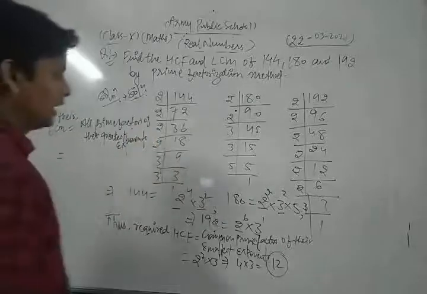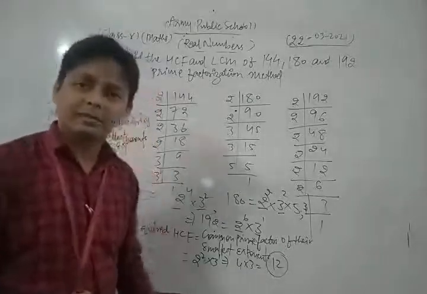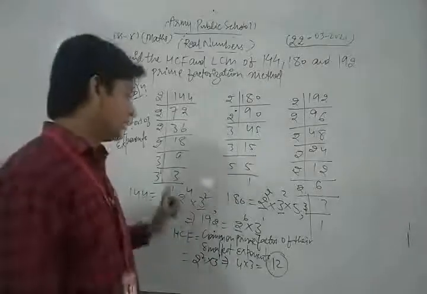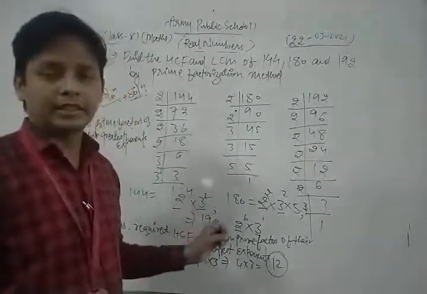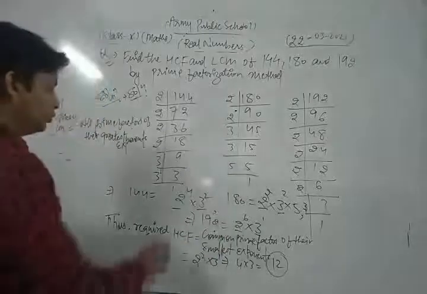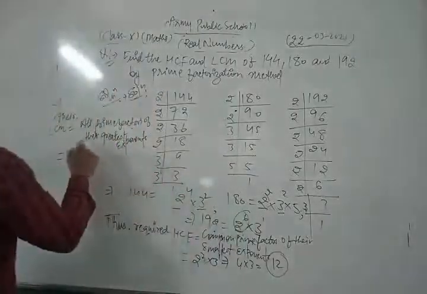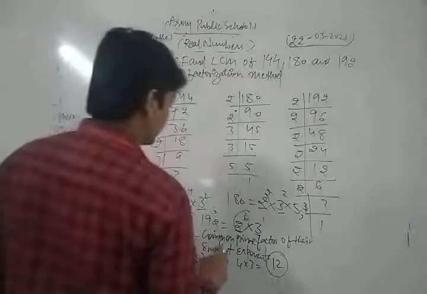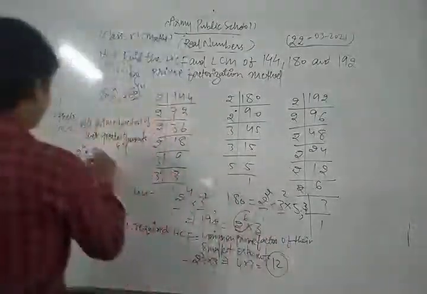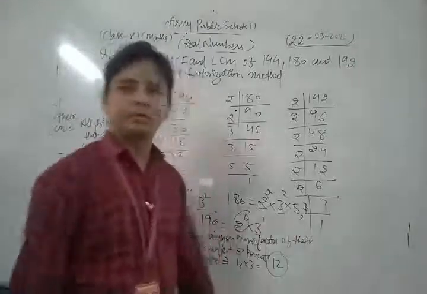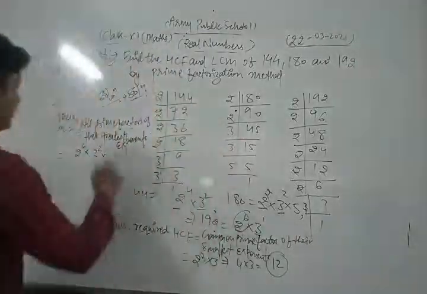All prime factors are 2, 3 and 5. So now we write all prime factors with their greatest exponent. The greatest exponent of 2 is 2 power 6, so we write 2 power 6 into the greatest exponent of 3, which is 3 power 2, and the greatest exponent of 5 is 5 power 1, so we write simply 5.